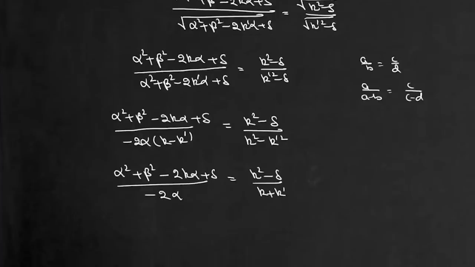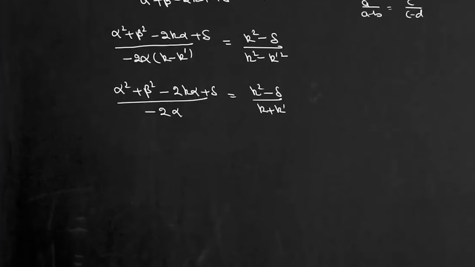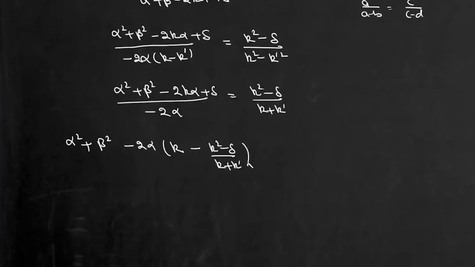Now we can rearrange this as alpha square plus beta square minus 2 alpha, and this is k here, and then it will be k square minus delta upon k plus k dash, and plus delta equals 0.